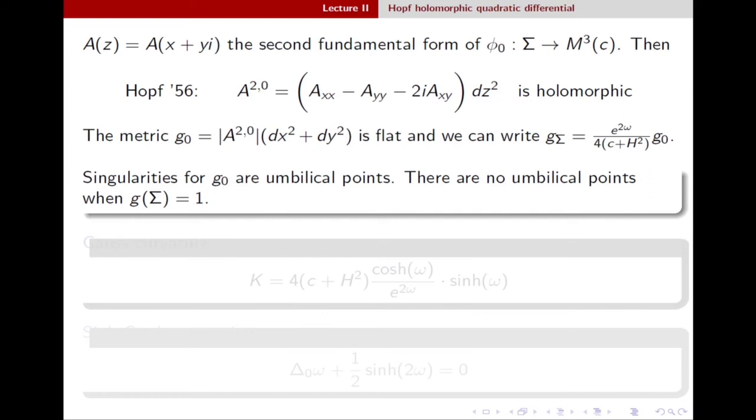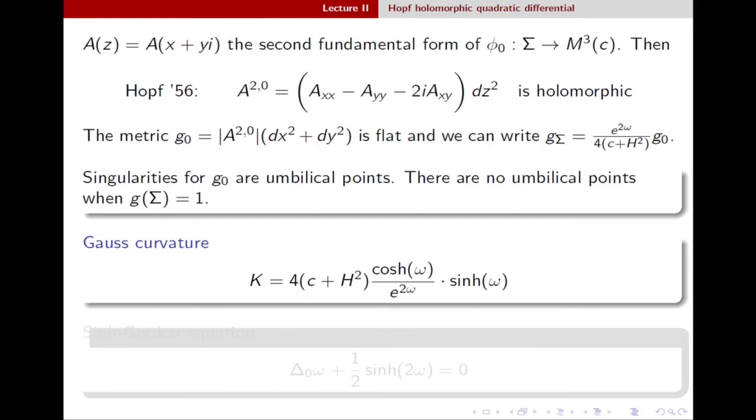Okay. So now you have these two conformal metrics, and so one computation that you can do is to compute the Gauss curvature in terms of the function omega, and we have a formula for that. And if you look at this formula, you're going to notice that the sign of the Gauss curvature is the same as the sign of the hyperbolic sine function of omega.